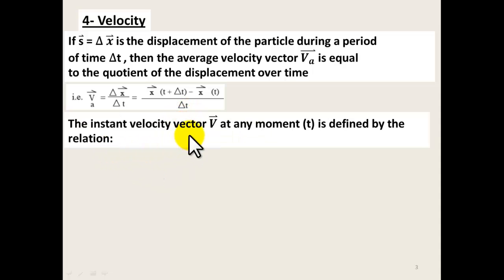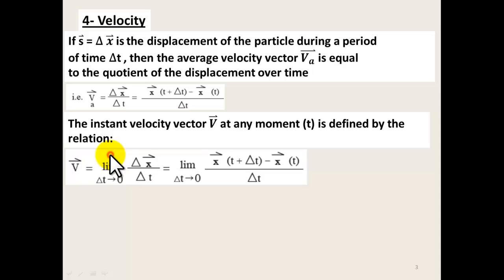The instant velocity vector v at any moment t is defined by the relation v equals the limit of the average velocity, delta x over delta t, when delta t tends to 0.